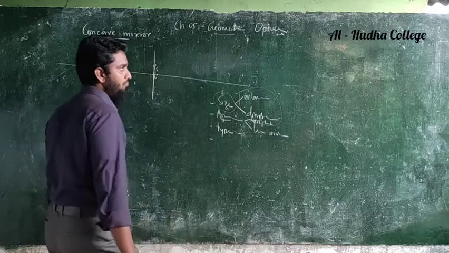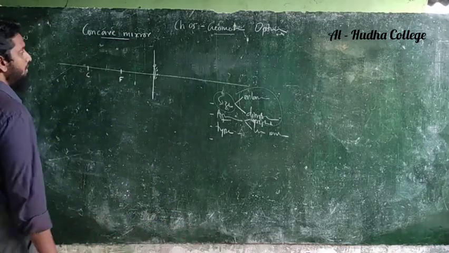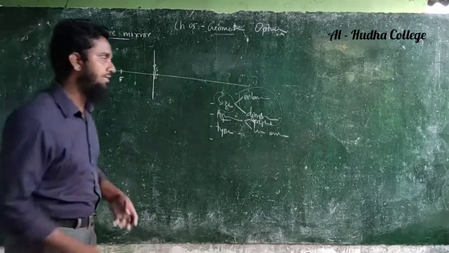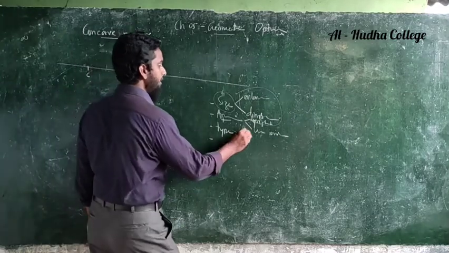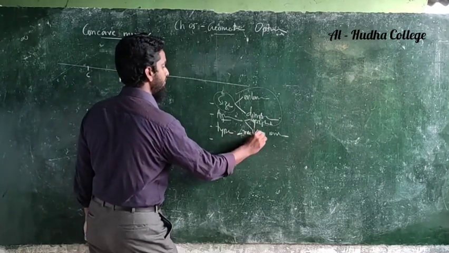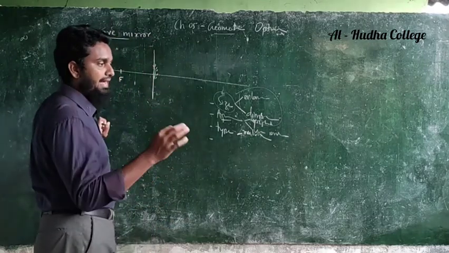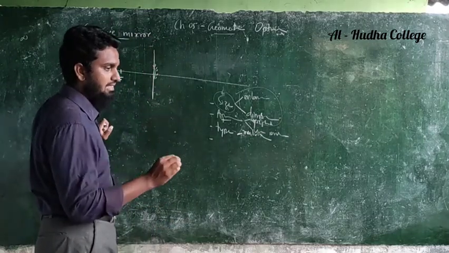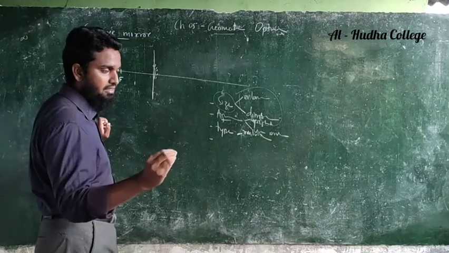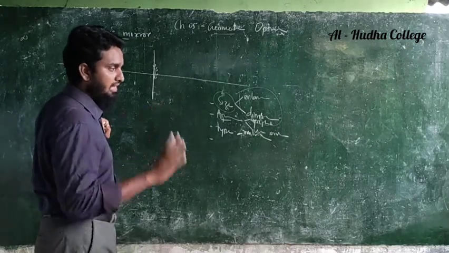Third, the type of the image. There are two types of images. One type is the real image. Real image means that if you obtain an image by real rays, that image is known as a real image.